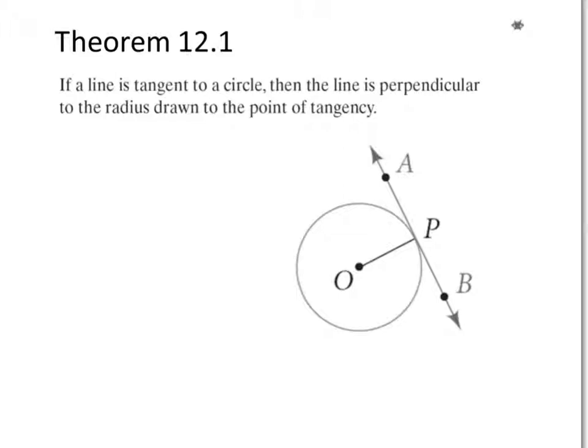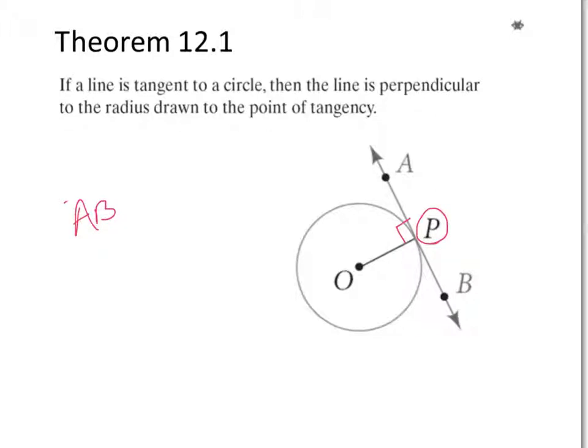So in this diagram, you have tangent line AB, my point of tangency is P. P is also the endpoint of the radius OP. So because you have a tangent line at the point of tangency on the circle, then these are perpendicular.